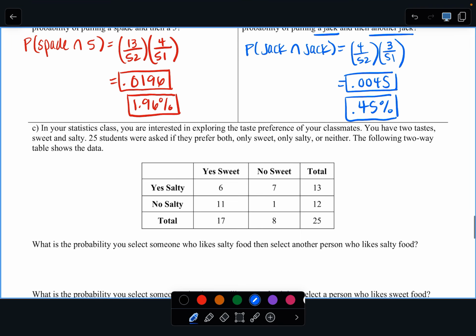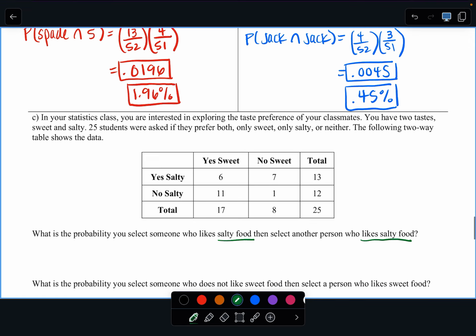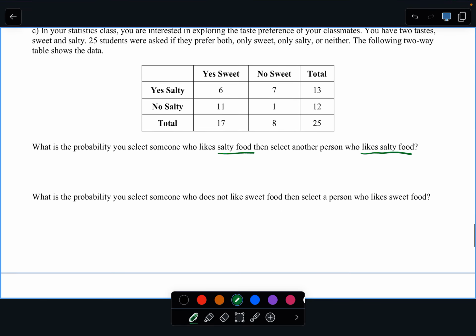And just to take this all the way back to our first example, because again, it's not always like cards and coins. Sometimes it's people. We want to find the probability. It's the same exact prompt as before, that you select someone who likes salty food and then select another person who likes salty food. So that means I'm doing the probability of salty and salty.